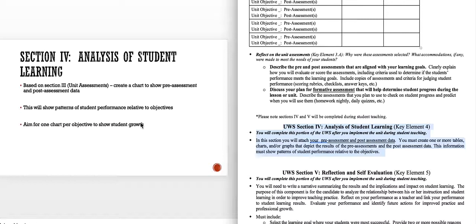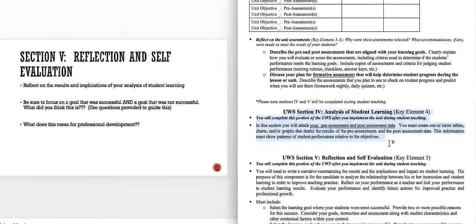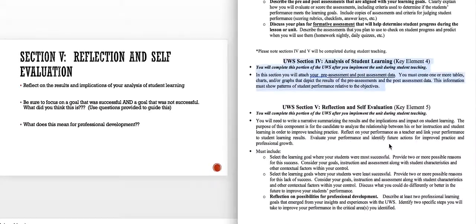So you can do this on a chart, on a graph, but somehow represent the pre-assessment and post-assessment data. You're going to be creating tables, charts, or graphs that depict this information. So you're going to be looking for patterns of student success or student growth on the assessments.